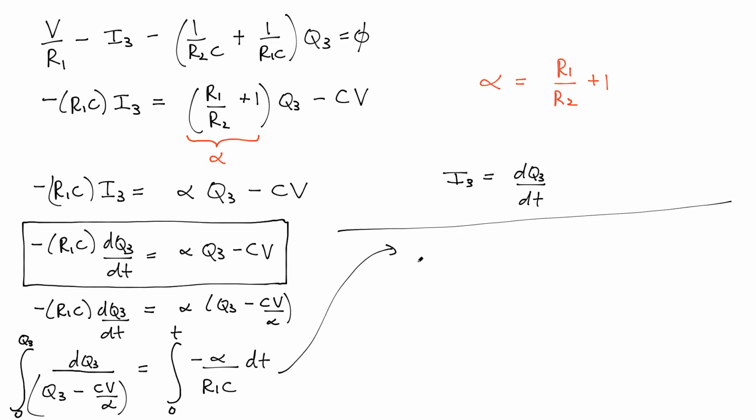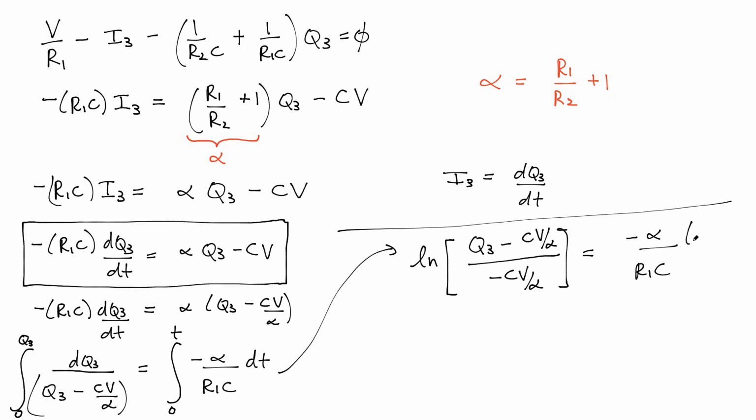If you do that, all you're going to get here is the natural log of Q3 minus CV over alpha, divided by negative CV over alpha, has to be equal to simply minus alpha over R1C multiplied times time. To simplify this a little bit further, all you have to do now is take the exponential on both sides and simply isolate.